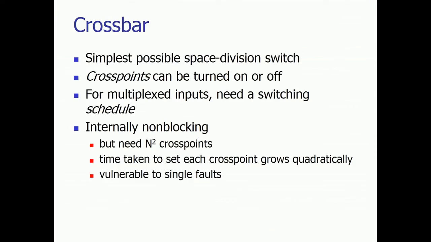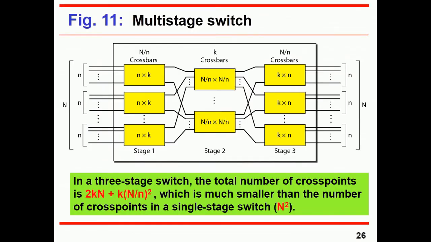Crossbar switch, the simplest possible space division switch. Cross points can be turned on or off. For multiplexed inputs, we need a switching schedule. Internally non-blocking techniques can be used for the crossbar. In this diagram, it is shown in the multi-stage switches.